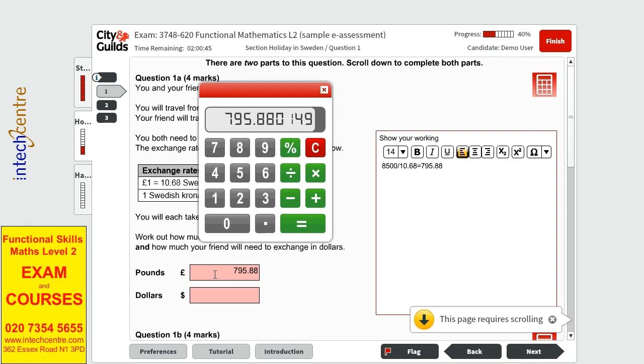Perfect. Now the next one is converting Swedish krona to US dollars.